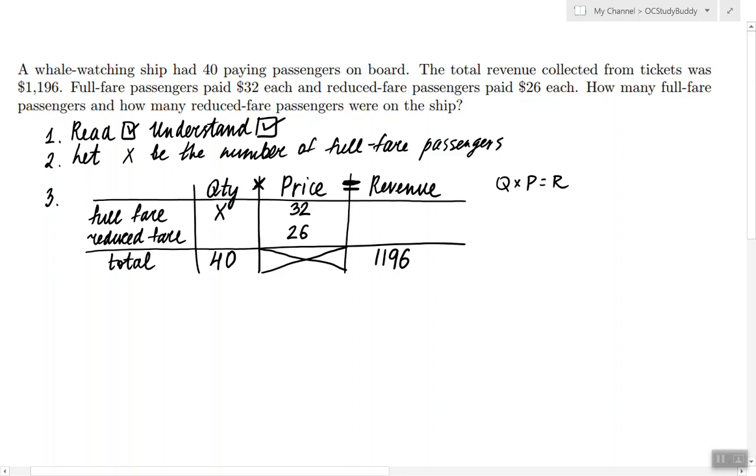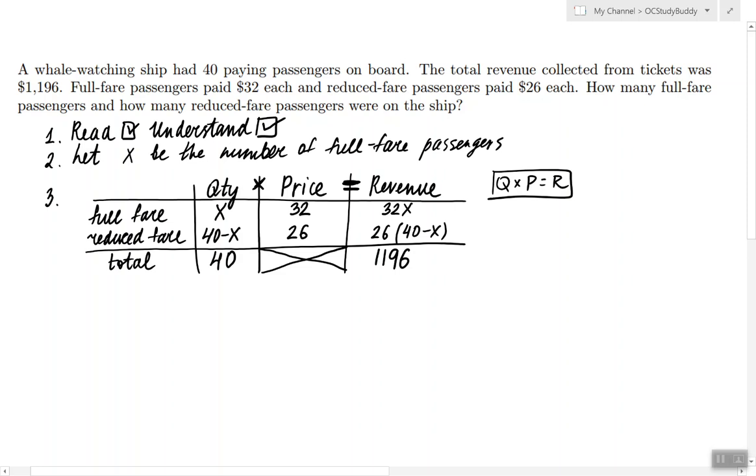Due to the relation between the quantity X and 40, we can figure out that there were 40 minus X reduced fare passengers. And because of this implied formula between the columns, we can figure out that the revenue from full fare was 32X, and the revenue from reduced fare was 26 times 40 minus X.